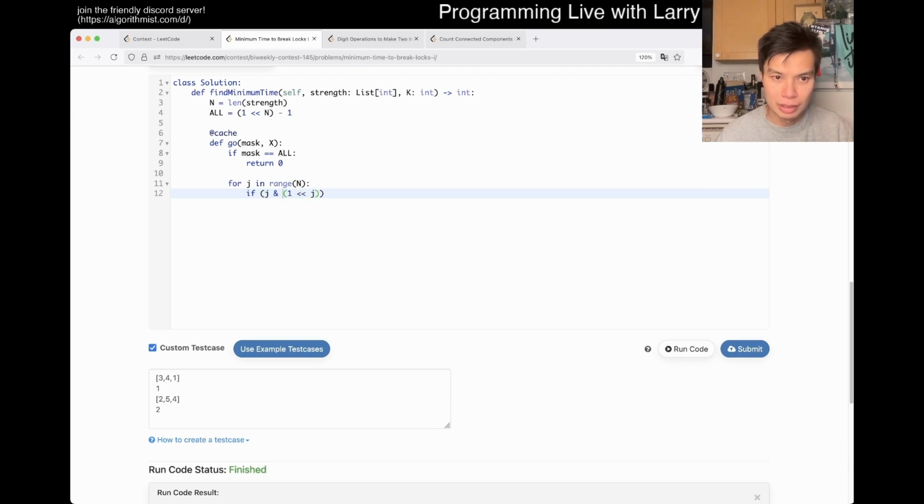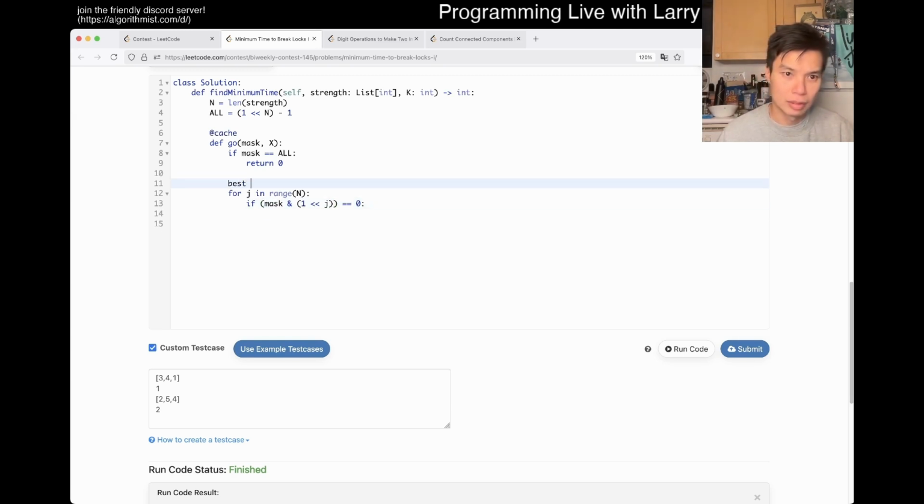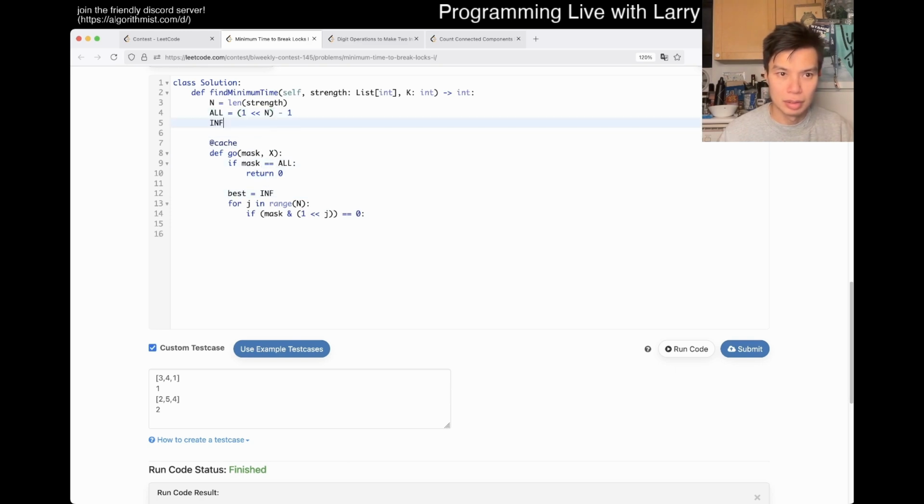I made the same mistake during Advent of Code. If this is equal to 0, then something like this. And then x plus k, which is fine, and then plus some cost.